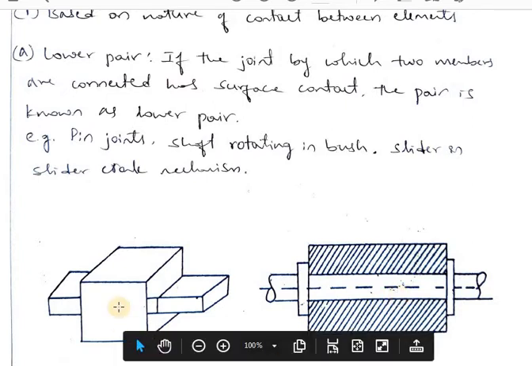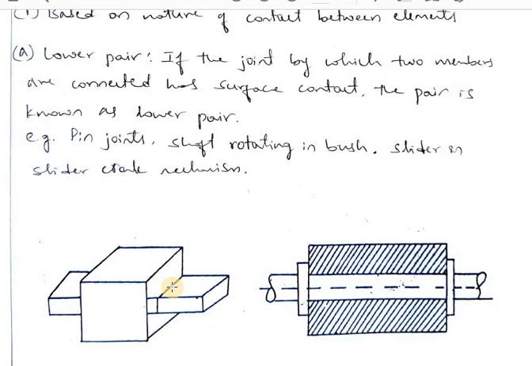Okay, here we can see this is a cube and it has a slot. In that we are inserting this beam. So this surface and the inside surface of the cube are in complete contact. So we call it a lower pair because there is a surface to surface contact.